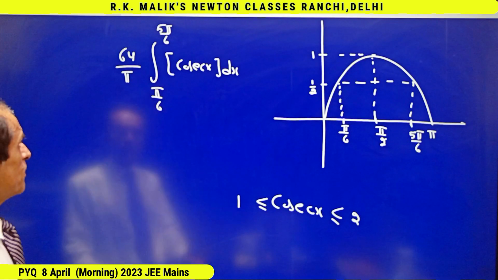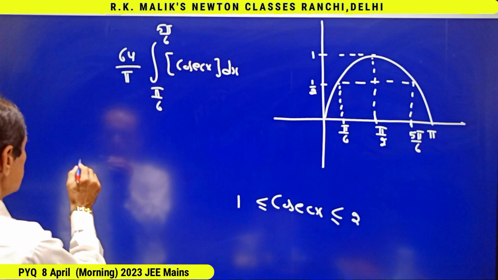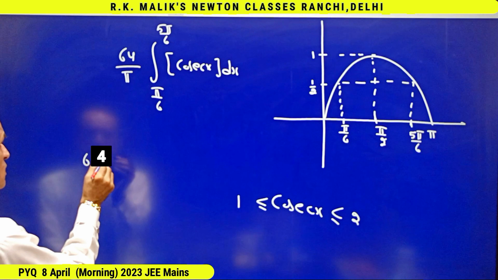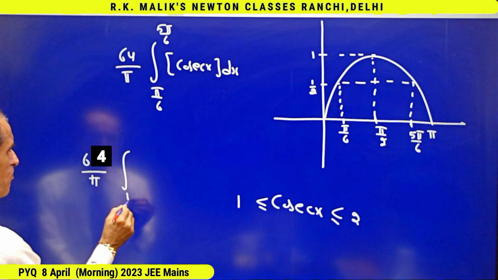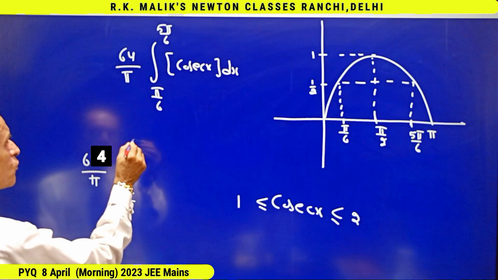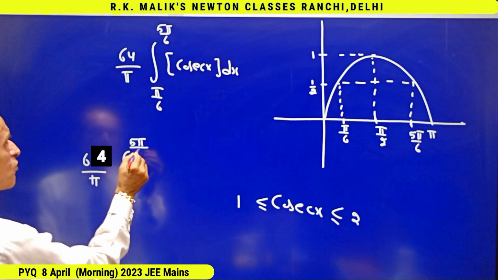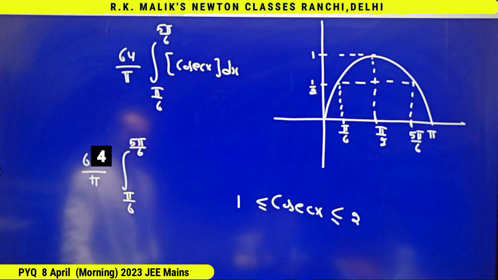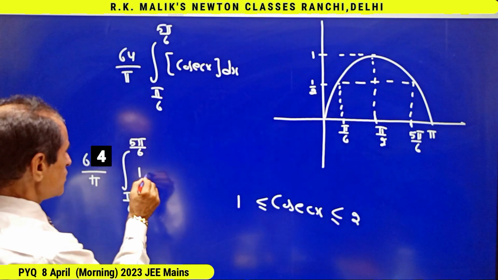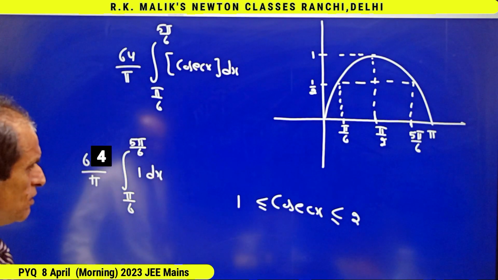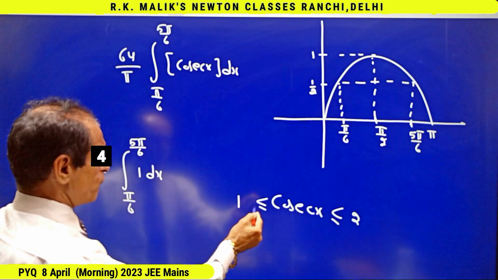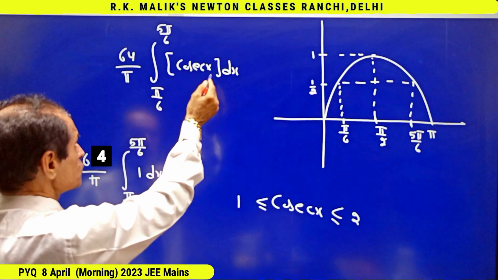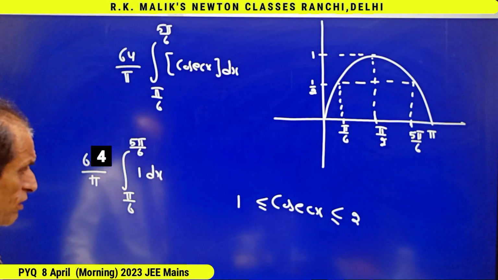Hence, this question becomes 64 by pi, integral from pi by 6 to 5 pi by 6 of 1 dx, because the value of cosec x is lying between 1 and 2, therefore box cosec x will become 1.